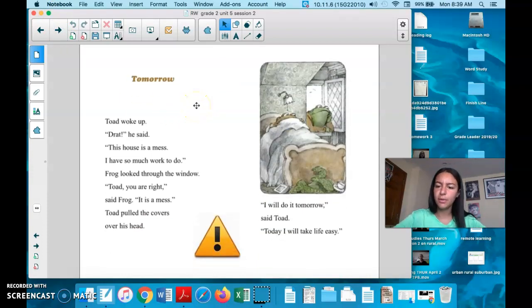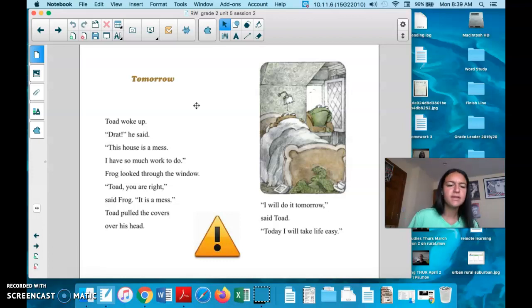Yesterday, we started the book Days with Frog and Toad, and we started reading Tomorrow. Miss Sorrentino reread this part last night, and I realized, there's a problem here. You ready for it? I'm going to reread it. I want you to think, what's the problem? Tomorrow, Toad woke up.